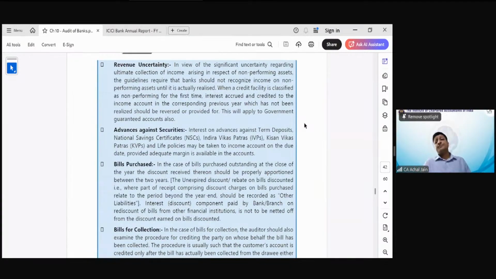Now, in relation to the advances wherein the securities are provided, when you consider the recognition of interest, of course you will consider it, but you will also have to consider the factor of security because these are secured.